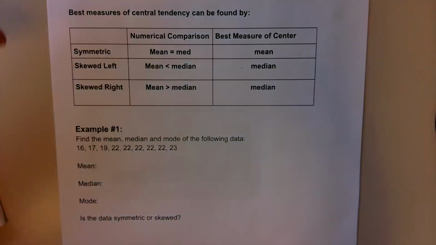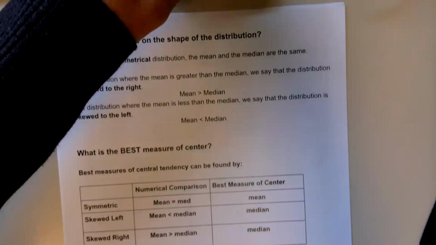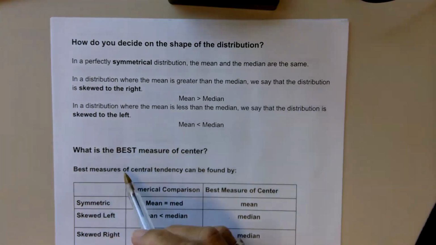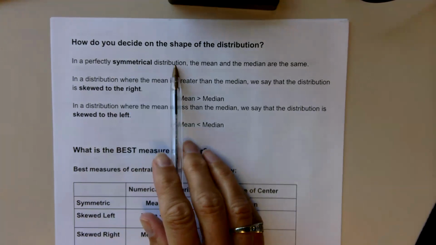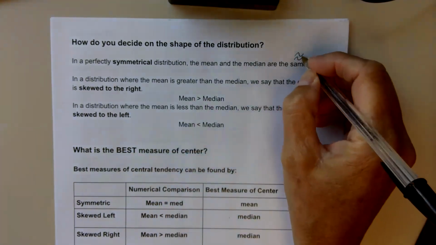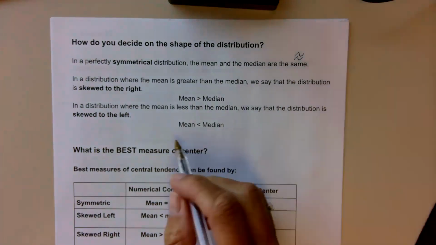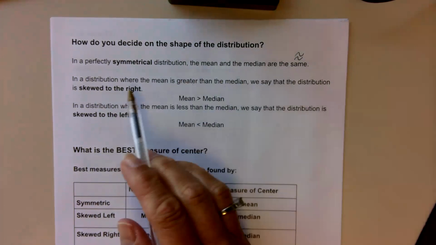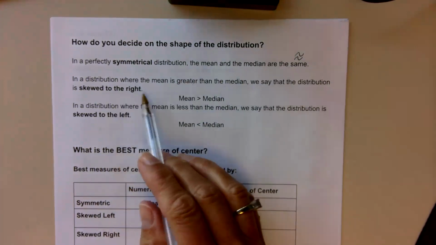So you're probably wondering how we can have a more definitive answer on which is a better choice for measures of central tendency. In a perfectly symmetrical distribution, the mean and the median are the same or approximately the same, okay? In a distribution where the mean is greater than the median, we say that the distribution is skewed to the right.